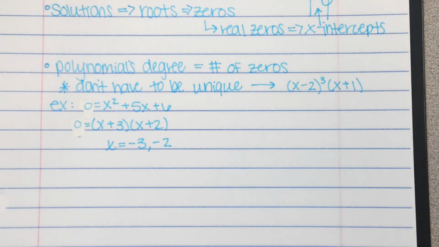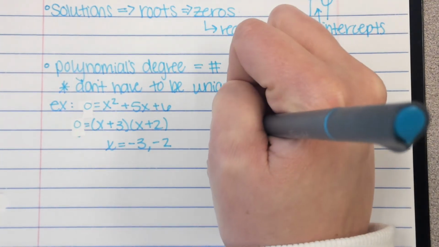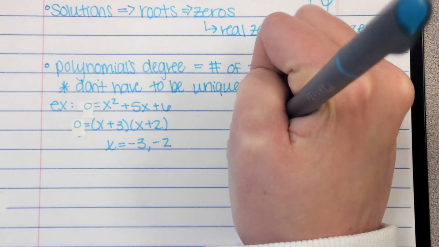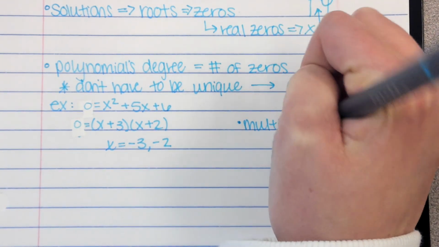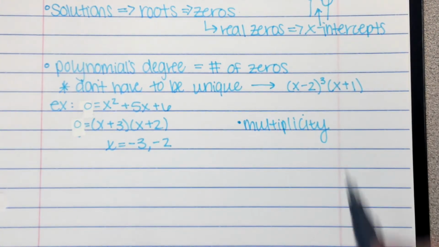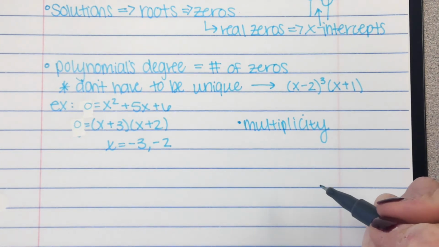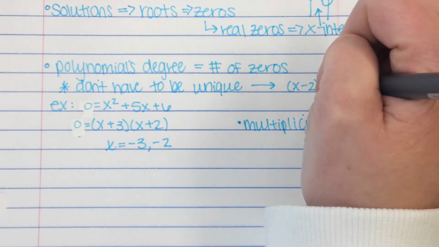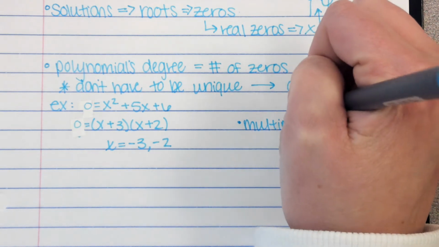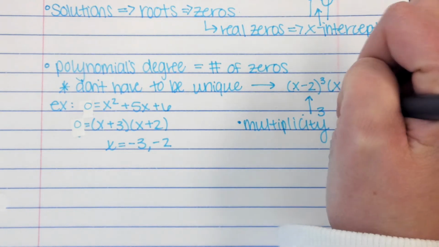Now, before we move on to the next little thing, remember we talked about the multiplicity yesterday. So we're going to make a little note here. So you're going to hear me refer to the multiplicity, okay, of the zeros, or of those factors. So you look at the exponent. So the multiplicity of this one is 3.